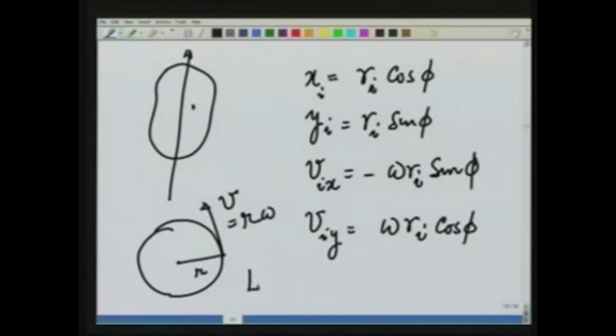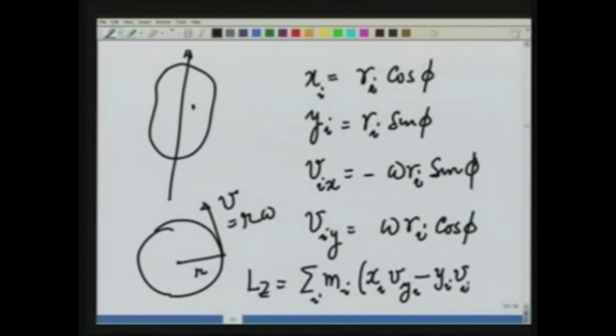Recall Lz is nothing but summation over i of m_i (x_i v_y for the ith particle minus y_i v_x for the ith particle).